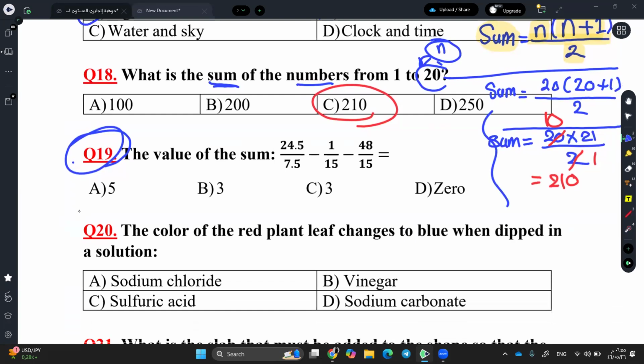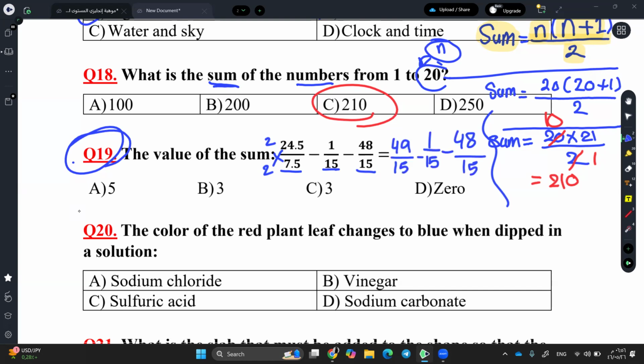So here you have a subtraction, and you remember that when we want to subtract fractions, we're going to make the denominator the same number. So here you have 15, but here 7.5. When you multiply it by 2, it's going to be 15. So here, 24.5 times 2, it's going to be 49 over 15, minus 1 over 15, minus 48 over 15.